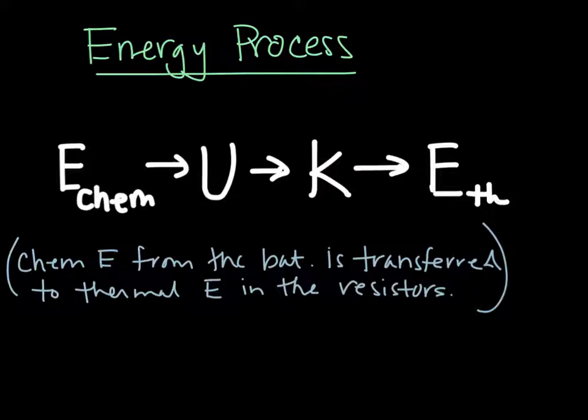So the energy process through the circuit really is a process of chemical energy, which is provided to the charges, which change the potential energy of the charge, which then in turn is converted into kinetic energy, which is the movement of the charge, which then translates into going through the resistor, which increases the temperature or thermal energy. So through this process, the battery's chemical energy is really converted into heat by going through the resistors, by increasing the temperature of the resistor.